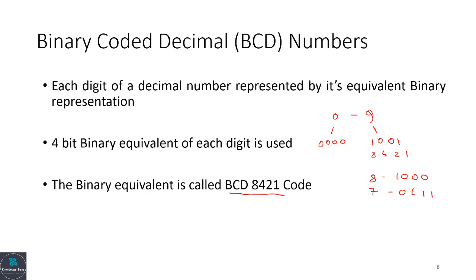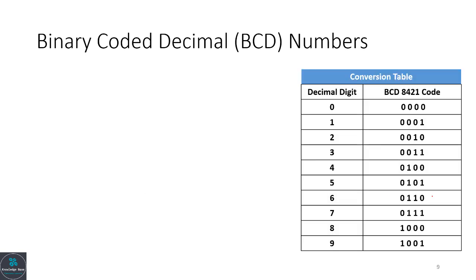So you can find the 8421 code using this conversion table. Similarly, using this conversion table, we can convert any decimal number into its equivalent BCD number.